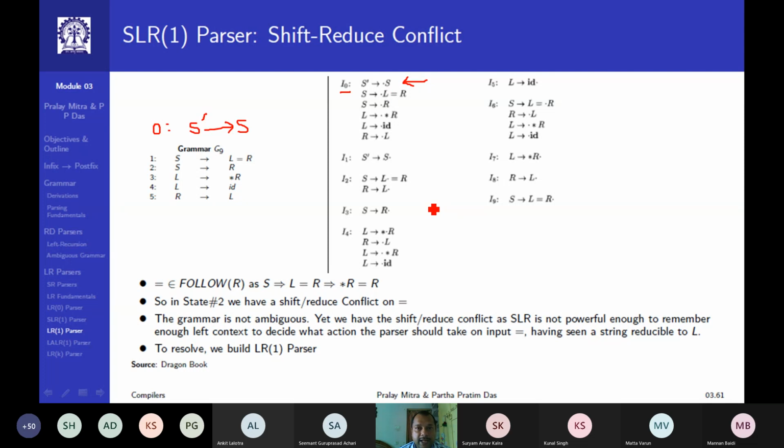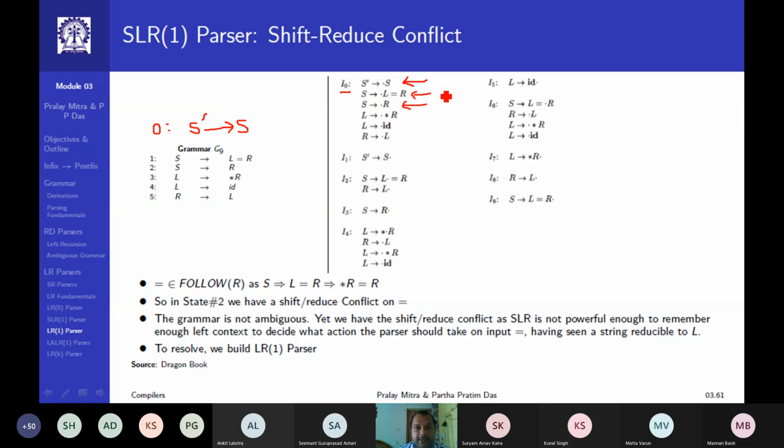Now you know, as per the closure properties, since the dot is on the left hand side of the non-terminal S, all the production rules which derive S, that is production rule 1 and 2, the first item of those production rules will also be part of this. That way I am getting the second and third item here. You can see that they are nothing but production rules 1 and 2, where in the leftmost position on the right hand side there is a dot.